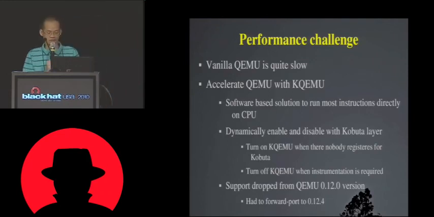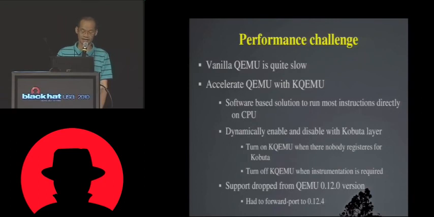But unfortunately, KQEMU support was dropped from QEMU version 0.12.0. That means you only have KQEMU support from 0.11-point-something and before, but not from the 0.12 version. So we had to forward port KQEMU to 0.12.4, which is the version we build VirtICE on.